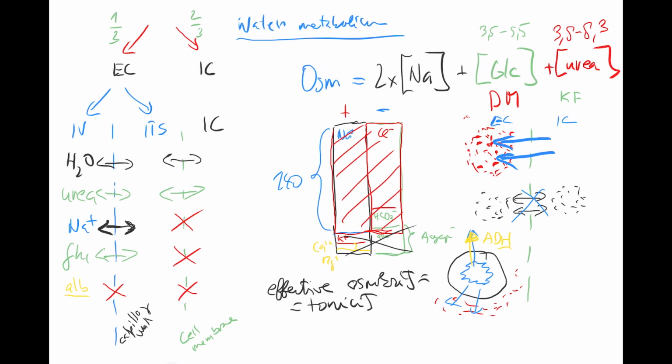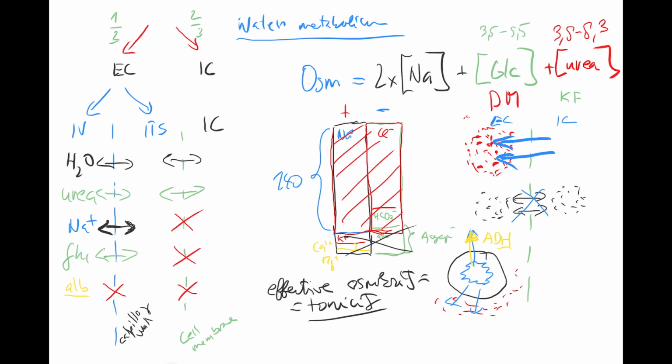Tonicity. So you can say that sodium and glucose have tonicity. They will create tension. They will shift the water, but urea will not. So you don't count urea under tonicity, in case we're talking about the cell membrane.